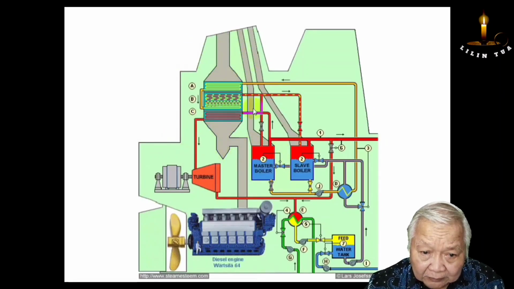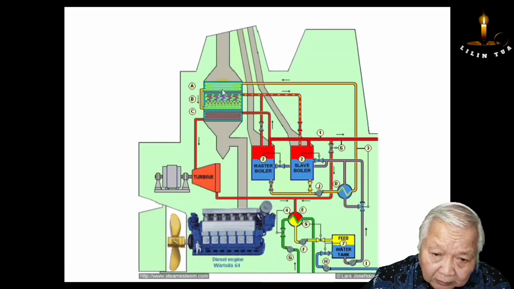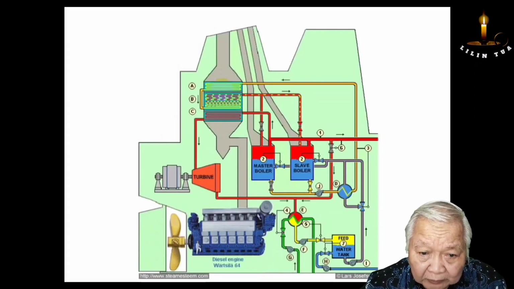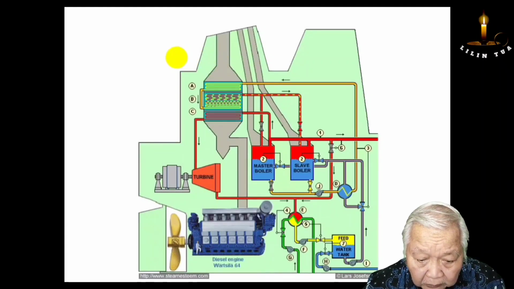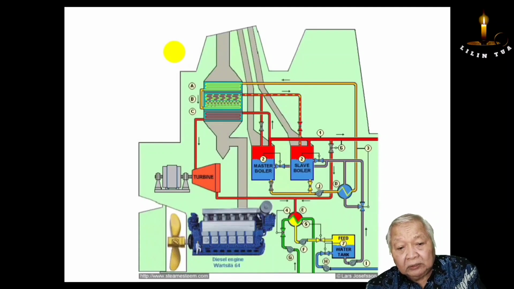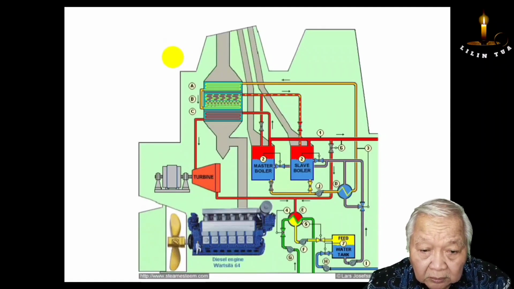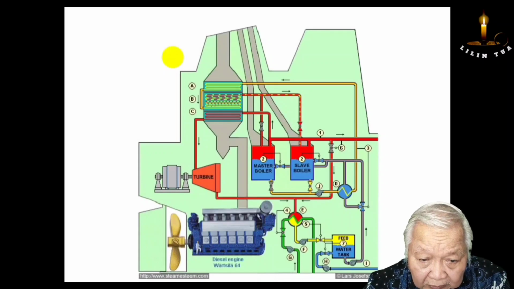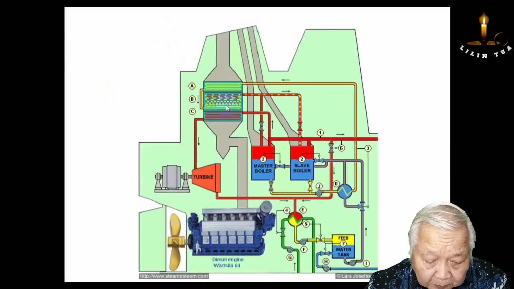Coil A is the economizer that increases the feeding water to a higher temperature, and the hot water goes through coil B, the evaporator, to change the physical form from water to vapor or steam.